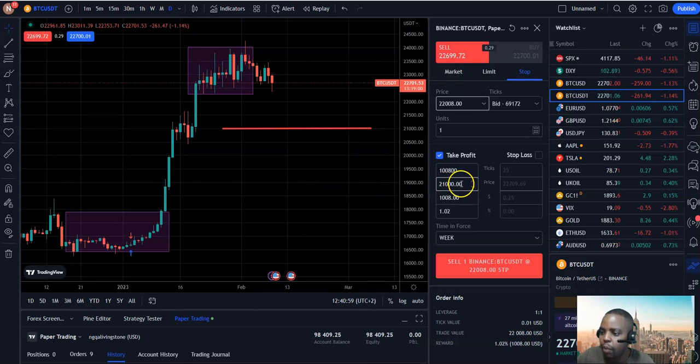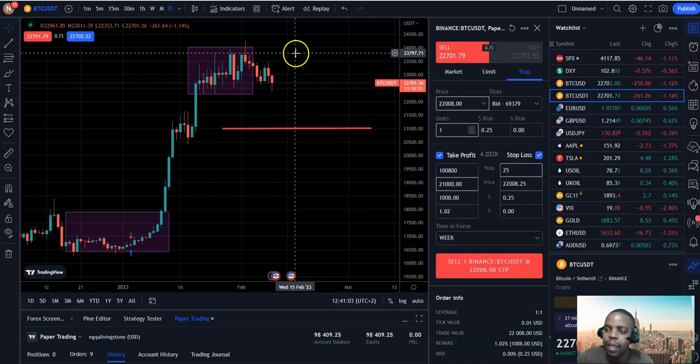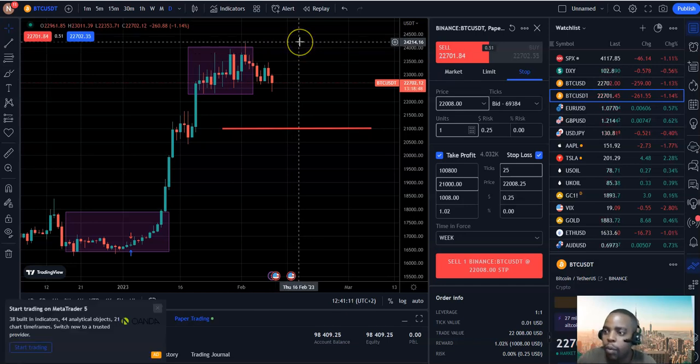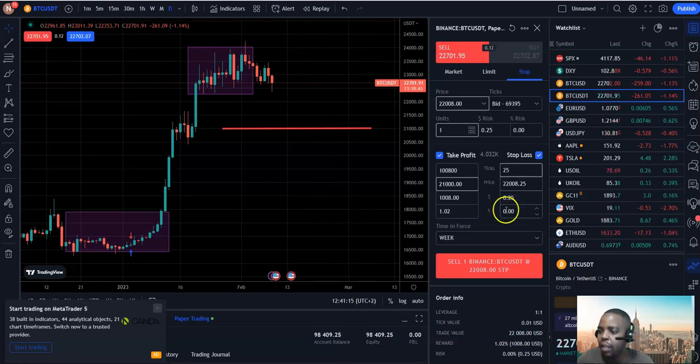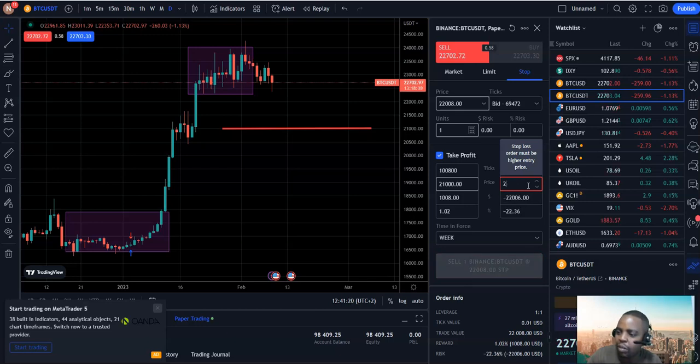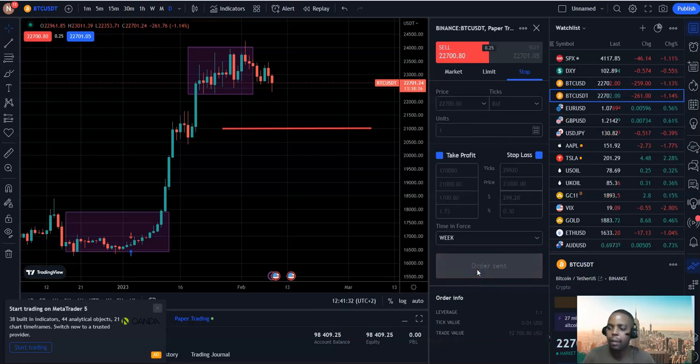This is where my take profit is, and then my stop loss should it go against me, because if it goes up, it means that I'm losing. So I'm going to say stop loss maybe around 23,000. Maybe the prices are too wide open, maybe at 22,000, for example. 22,000, I can stop loss it. Then I simply sell stop the market, and I just click it.